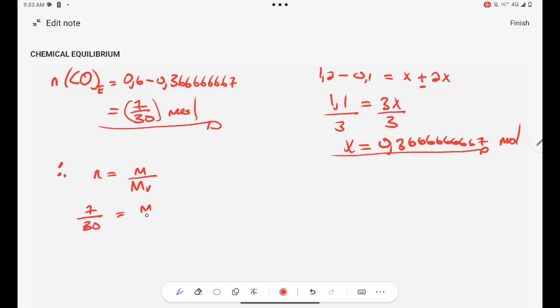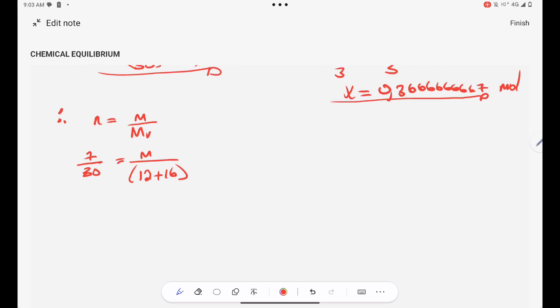I do not know my mass, but carbon has a molar mass of 12 and oxygen has a molar mass of 16. So 7 over 30 is just equal to m all over 28.